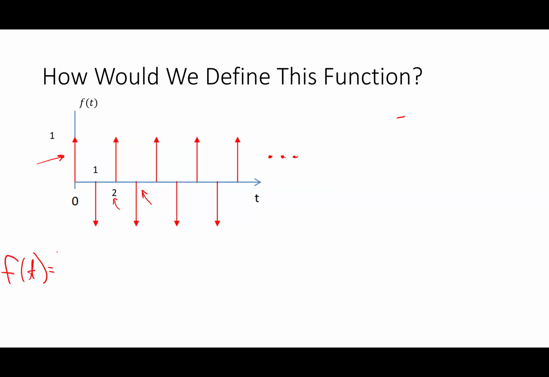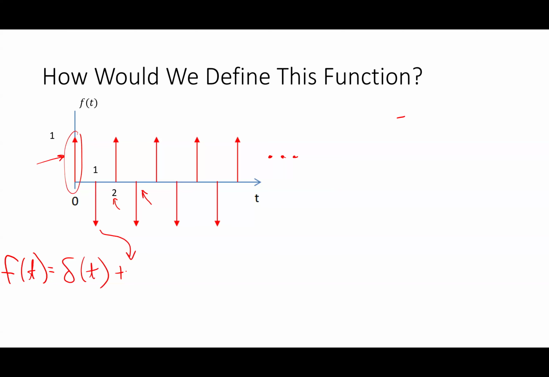Well, it's a series of added impulses. First of all, if I had this one right here by himself, I would say that's delta of t. And delta of t gives me an impulse at t equal to 0, and it's 0 everywhere else. So this one here, I would add on to this.